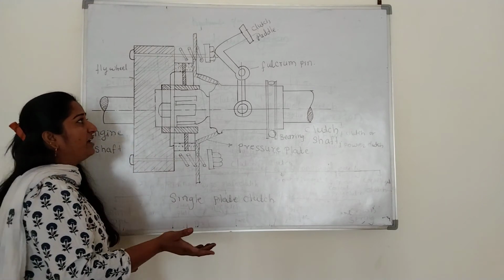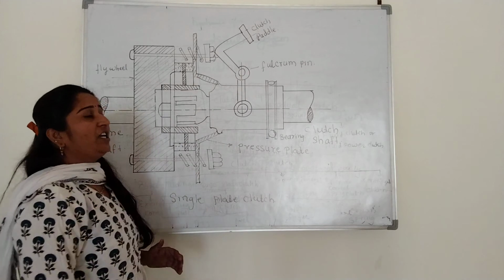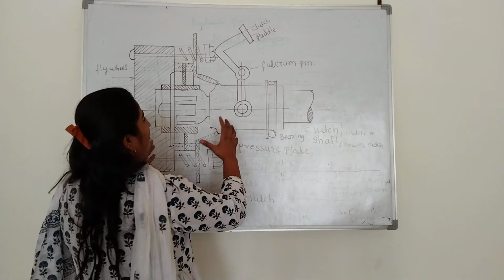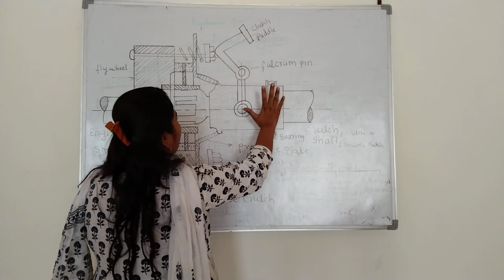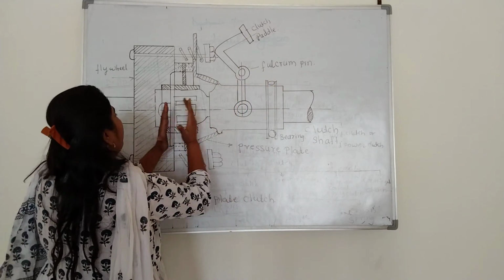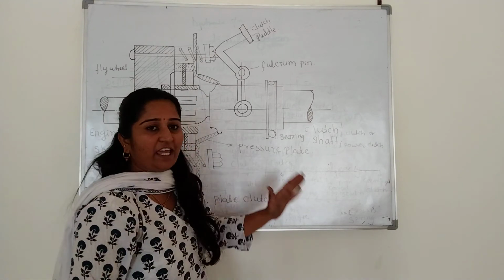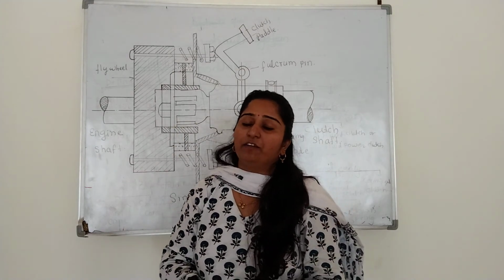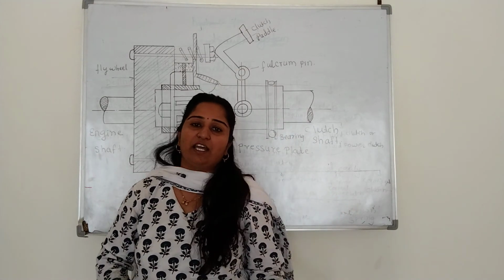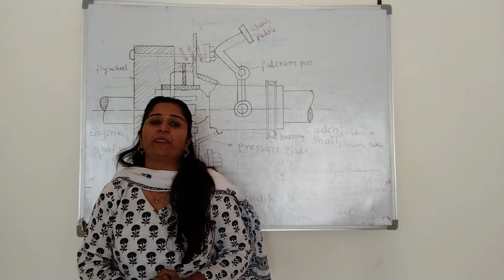In the second manner, when we release the foot from the clutch pedal, the fulcrum turns to the left direction, and the pressure plate is engaged against the flywheel, due to which the clutch is engaged and the rotary motion of the engine shaft is transmitted to the transmission shaft. Thank you. This is all about the clutch.